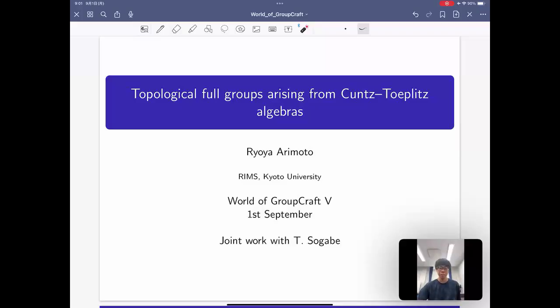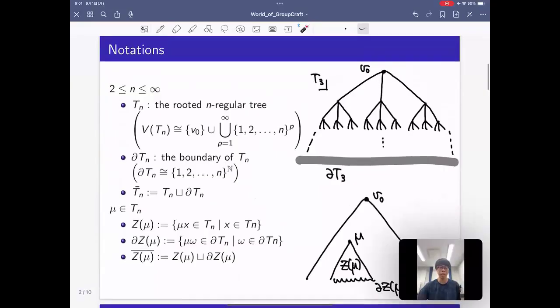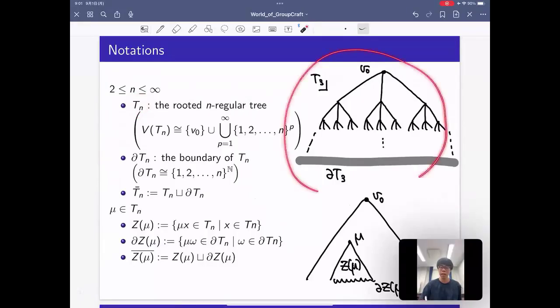Okay, so let us start with fixing notations. Let n be an integer greater than 2, and Tn denotes the rooted regular tree like this. This is the picture of T3. So it is rooted, and each vertex has 3 children, right?